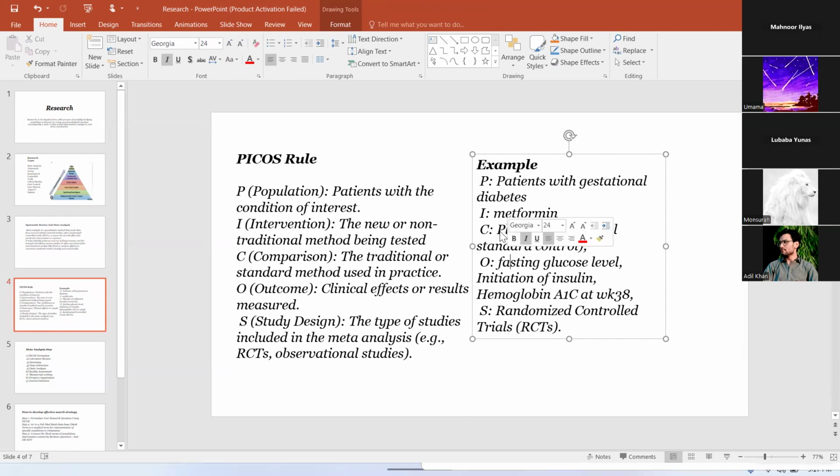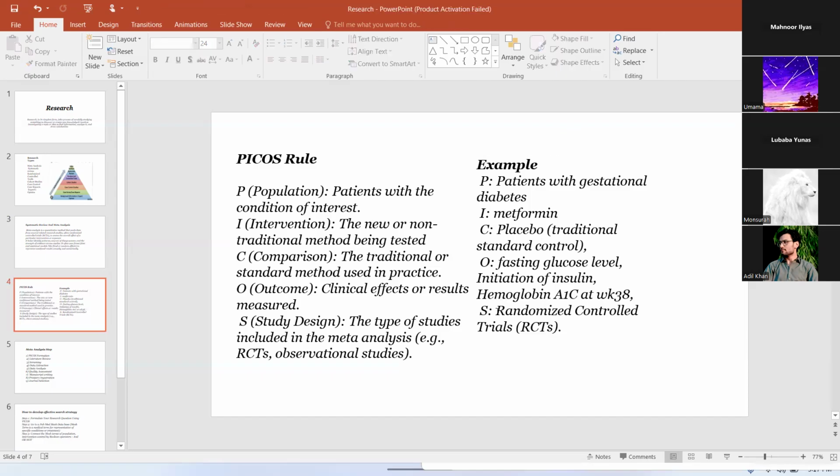Okay, so placebo. Now, what is placebo? Can anyone answer what placebo is? Anyone, please open up your mics and let me know what placebo is, if anyone has an idea.